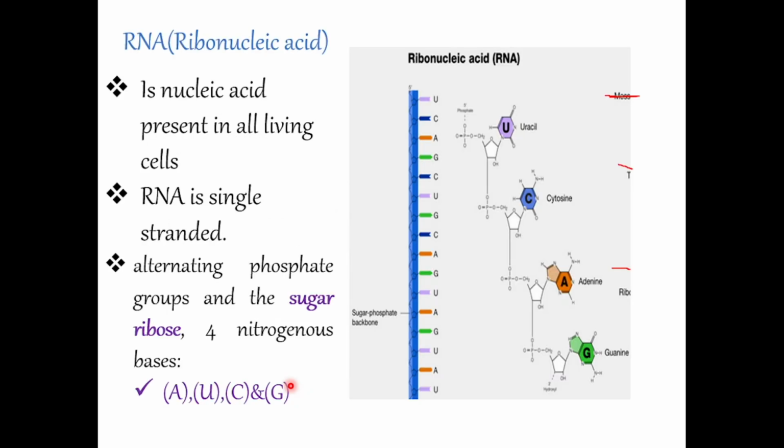RNA is ribonucleic acid. It is present in all living cells. RNA, unlike DNA, is a single strand. As you can see from this diagram, it is a single strand with alternating phosphate and sugar backbone: phosphate, sugar, phosphate, sugar.